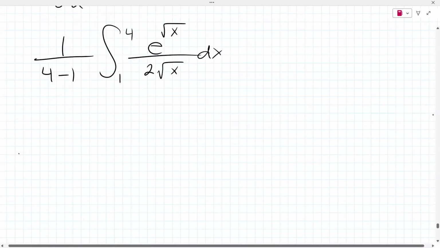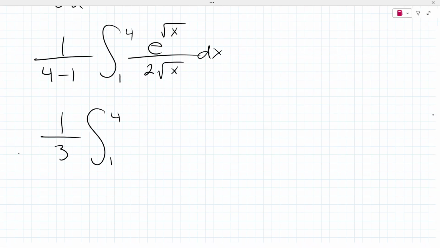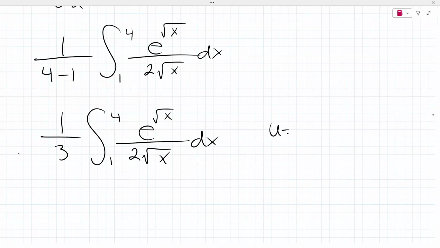And then this simplifies as 1 over 3 from 1 to 4. And how are we going to take the integration of this? Yes, I think we're going to have to do u substitution. And I think our u is going to be radical x.